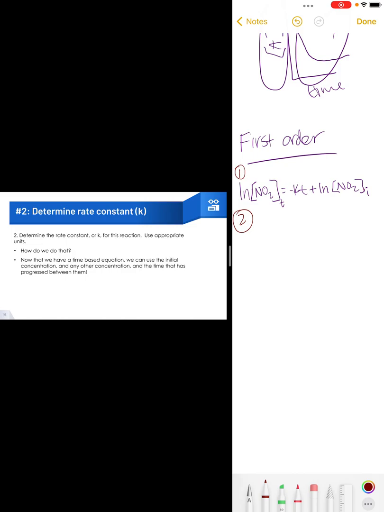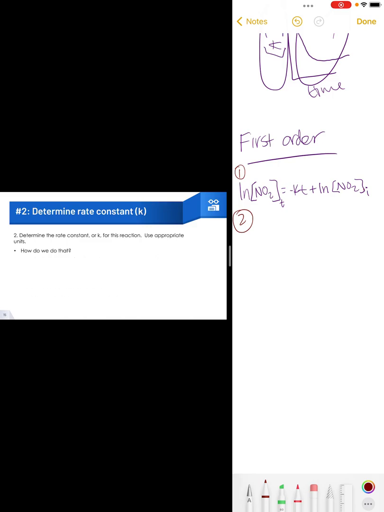So it says, now that we have a time-based equation, we can use the initial concentration and any other concentration and the time that has progressed between them. So easiest thing to do, use your first two data points. So I'm talking about the data that was given in the chart a few slides earlier.